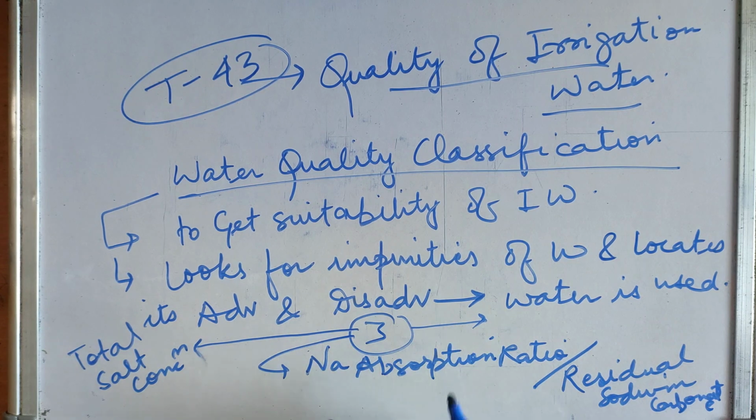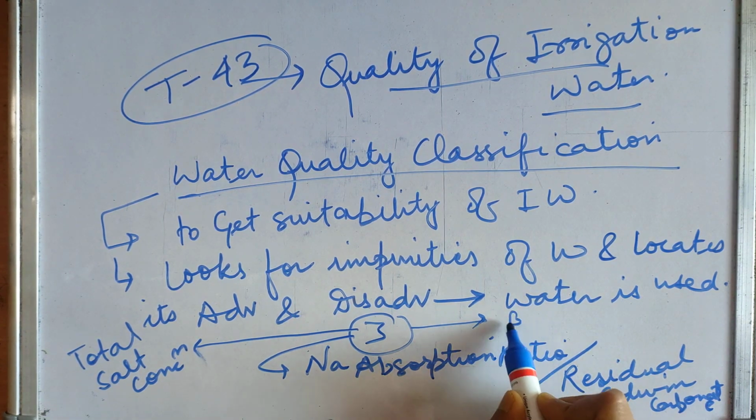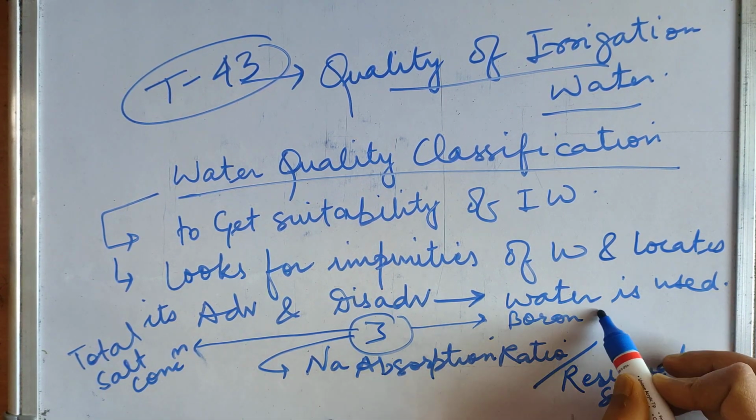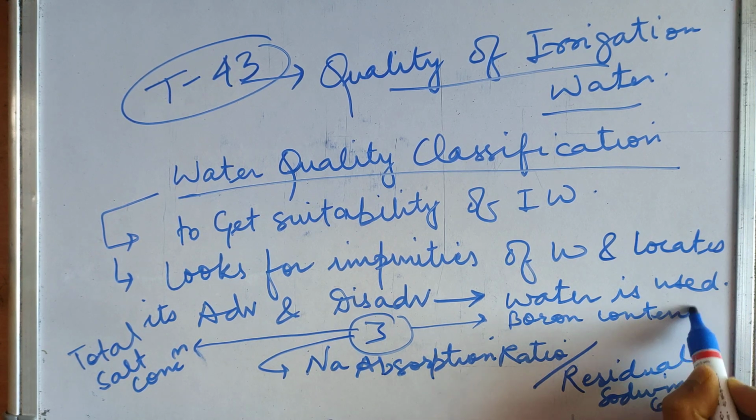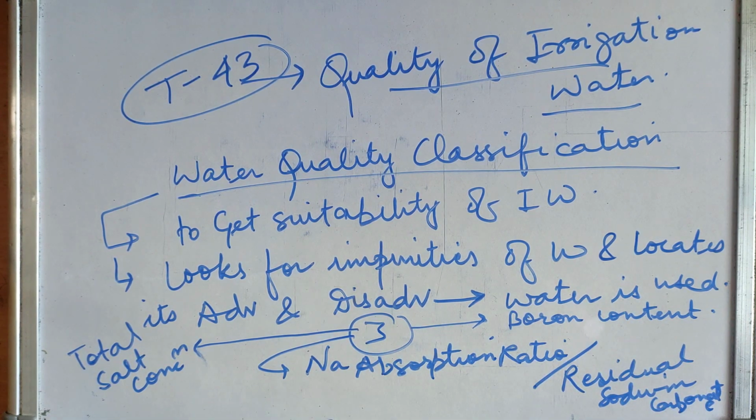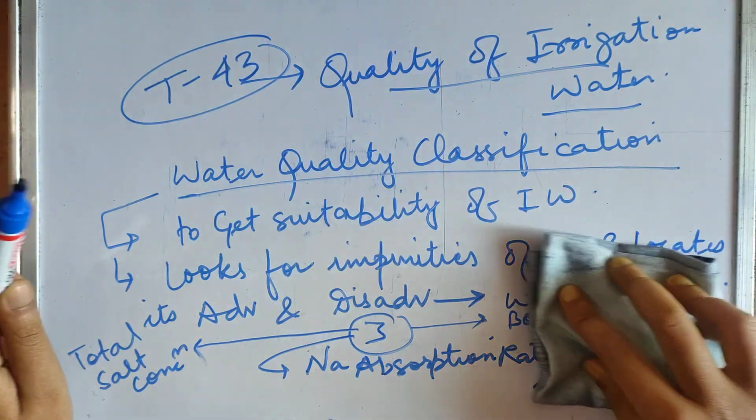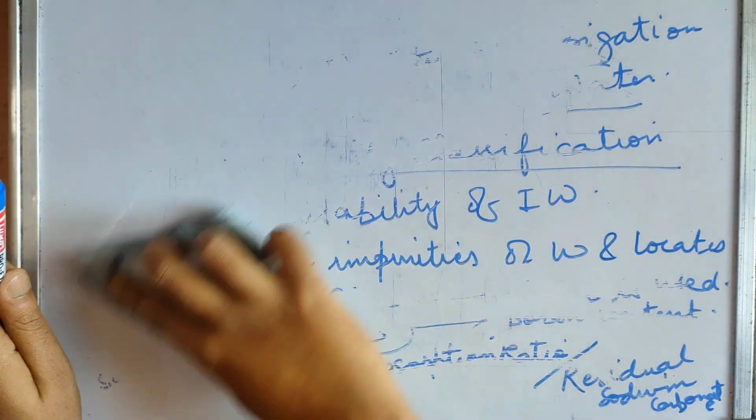And the third one is boron content. So it is dependent on these three parameters, and these three parameters are known as hazards.